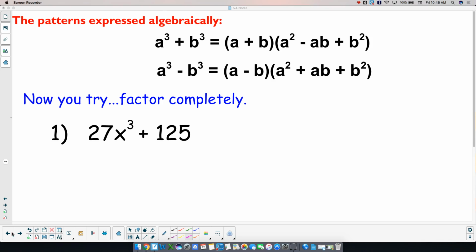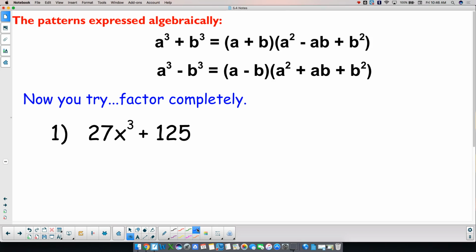So, is 27x cubed a perfect cube? Yes, because 27 is a cube, right? 3 cubed. And x cubed is a cube, because it's right there in the title. So this is 3x quantity cubed.